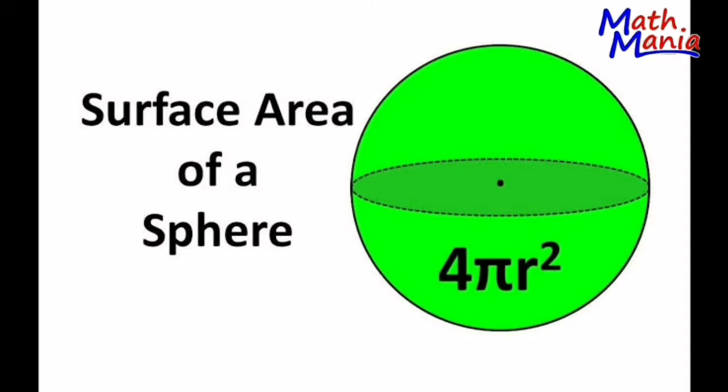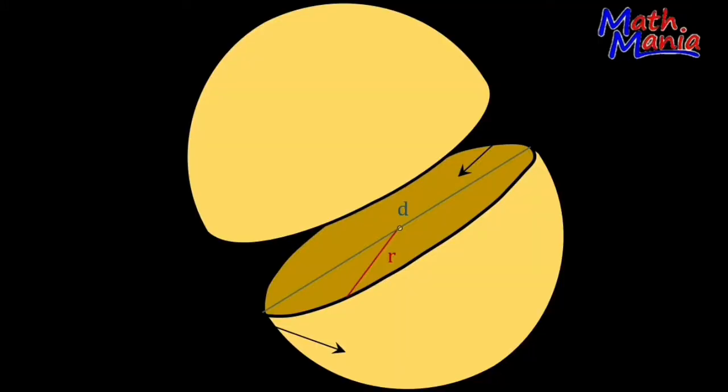After getting the surface area of the sphere, let's understand the hemisphere. When you cut this sphere into two equal parts, you will get a hemisphere, and it has two surfaces: one curved surface and second the flat surface, which is circular.